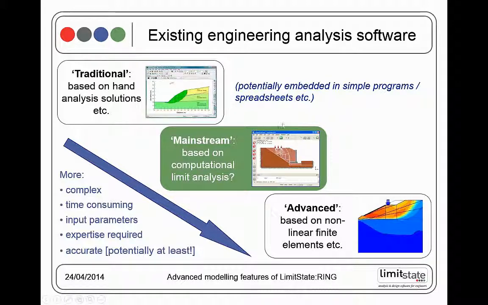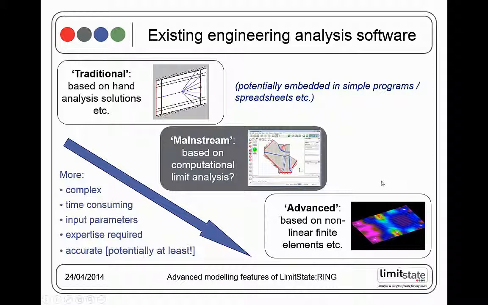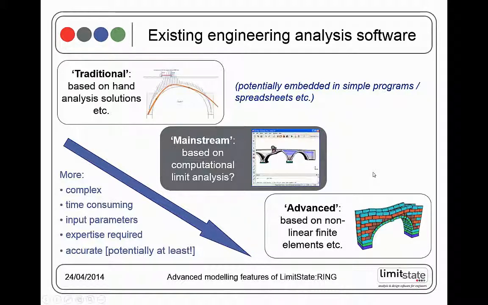This particular example, we're talking about a geotechnical problem, so it could be slope stability, retaining wall stability, but we could be talking about slab analysis. We're planning in 2014, after some delay, releasing a slab analysis software application, or it could be what we're focusing on today, masonry arch analysis.